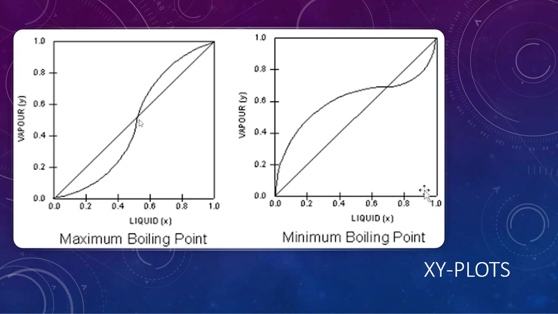As we have discussed earlier, this separation is not possible by simple distillation. We need other methods. Same thing for minimum boiling point. In this region the separation is possible, and as soon as this point is reached, the separation is not possible. So again the target remains that we have to cross this point, and then further separation can be achieved.